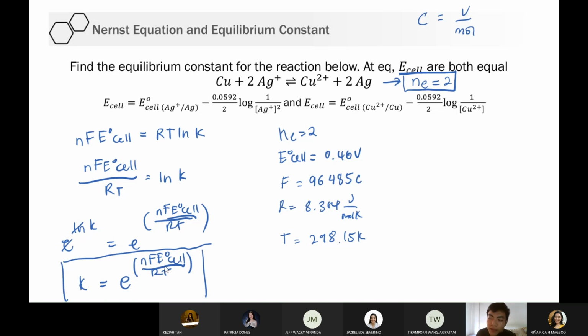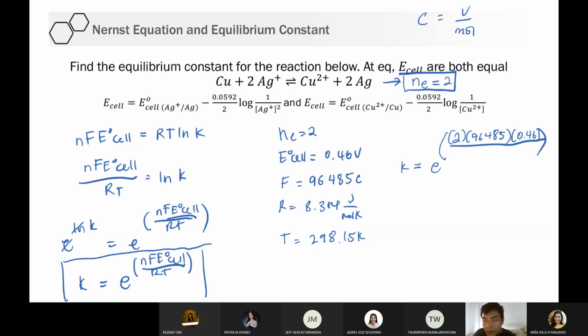Okay, so with all that info, we can plug them into our equation so we can solve for the equilibrium constant, which is needed in this problem. So we have N which is 2, F which is 96,485, E naught cell is 0.46.